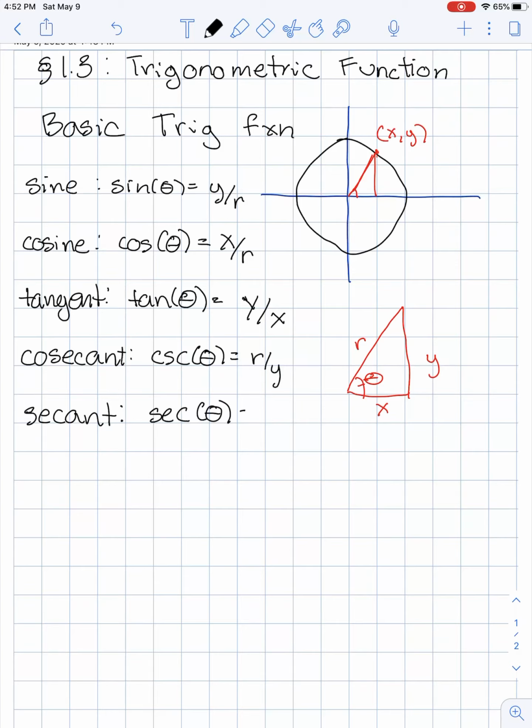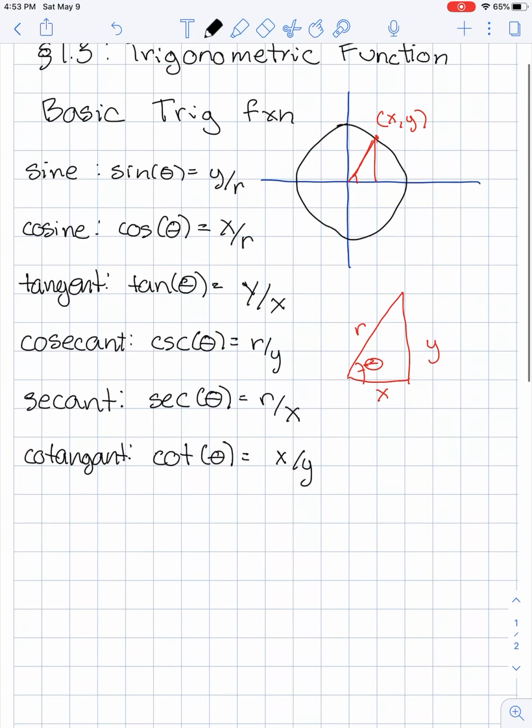Write it as SEC of theta, and it equals r divided by x. And then there's cotangent, COT theta, and that one equals x divided by y. So those are our 6 basic trig functions.